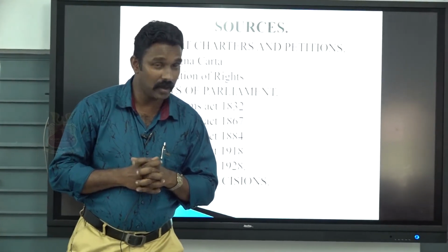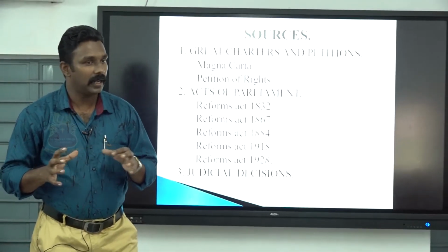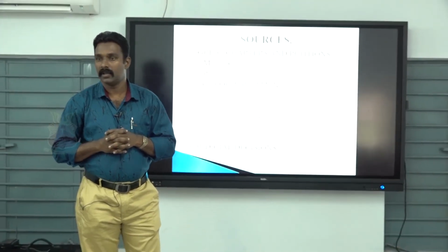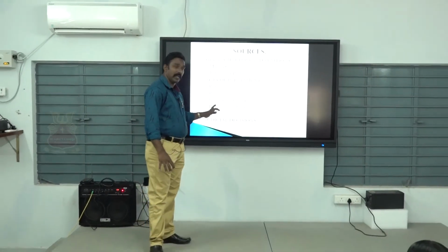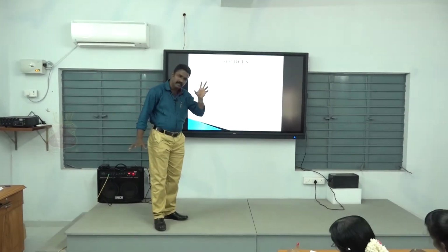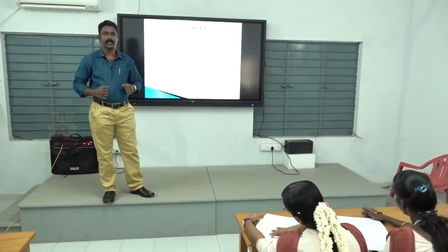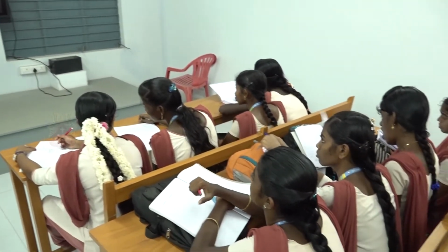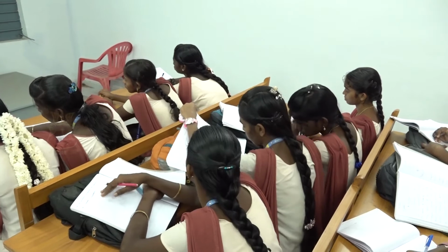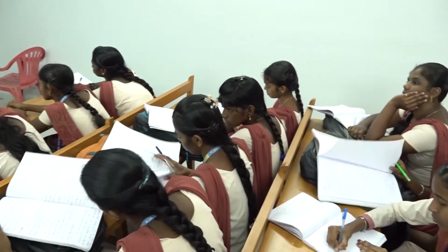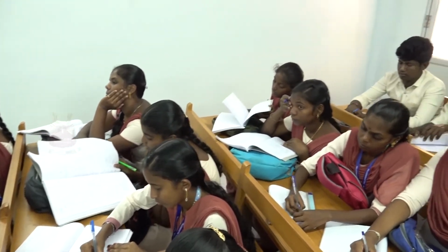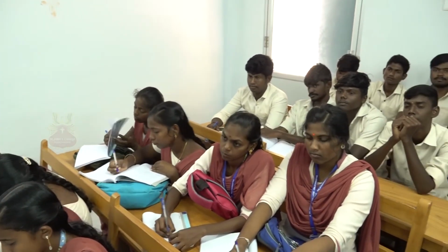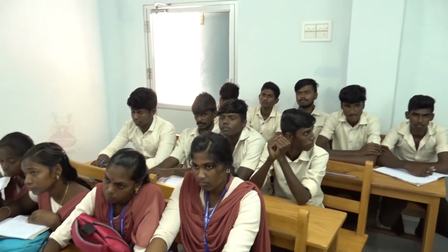In the England Constitution, many reform acts were passed, with many bills introduced, in 1832, 1867, 1884, 1918, and 1928. These reform acts are the Acts of Parliament in the England Constitution.